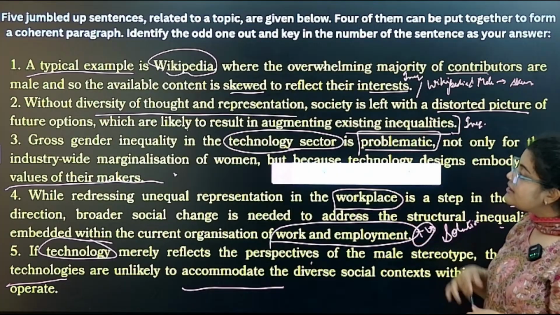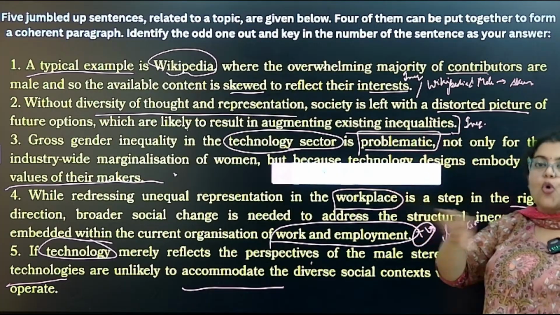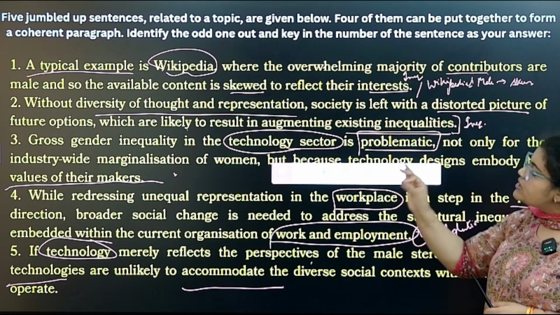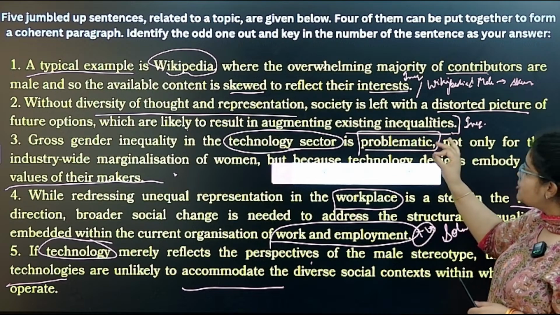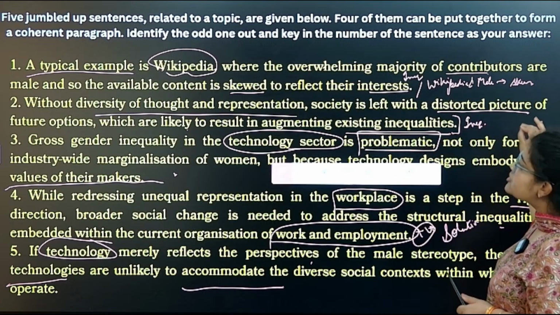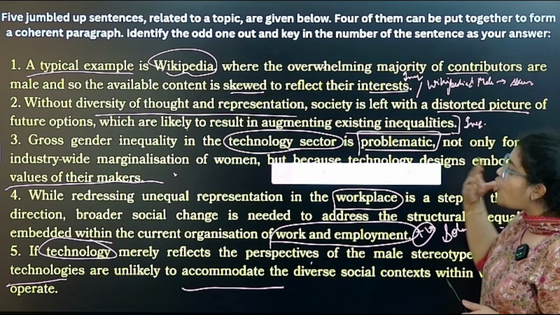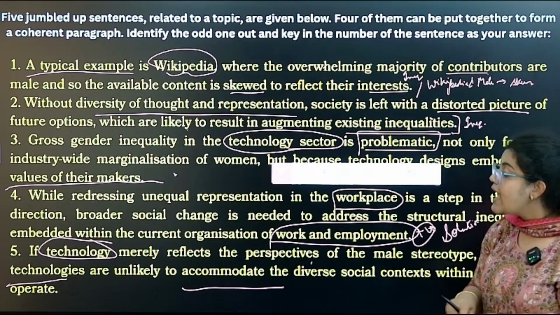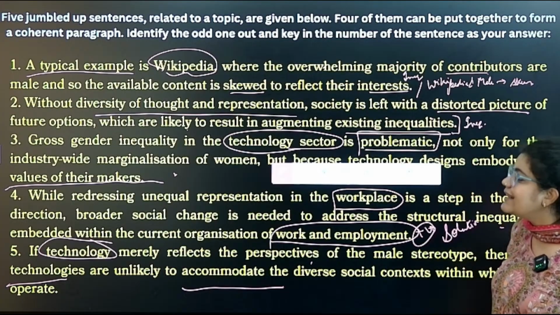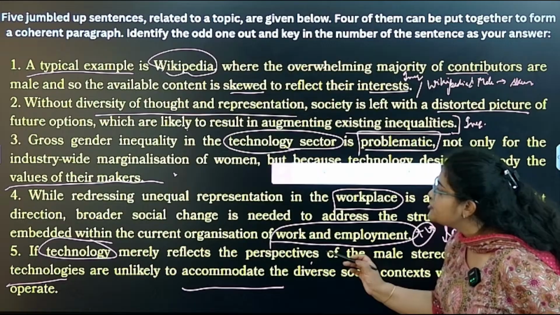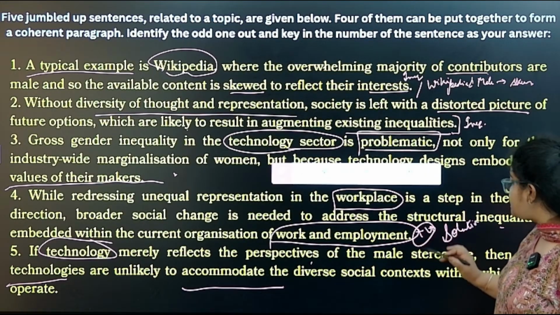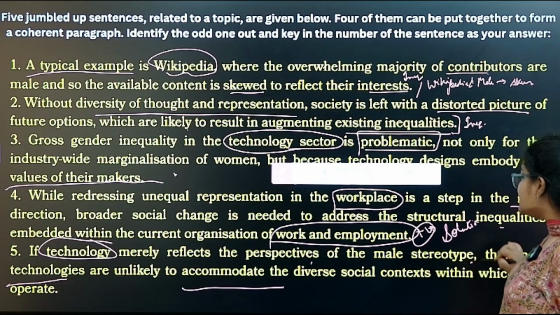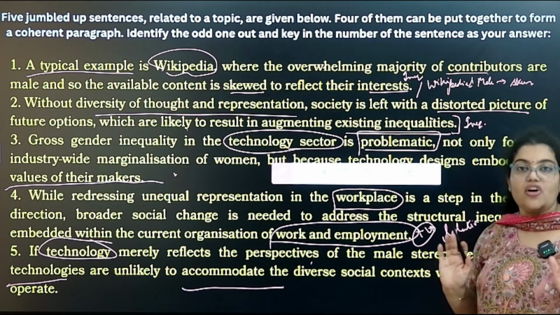The second sentence is more in the tone of the remaining sentences. The second says that without diversity of thoughts and representation, society is left with a distorted picture of future options, which are likely to result in augmenting existing inequalities. And the fifth says that if technology merely reflects the perspectives of the male stereotype, then new technologies are unlikely to accommodate the diverse social context within which they operate.